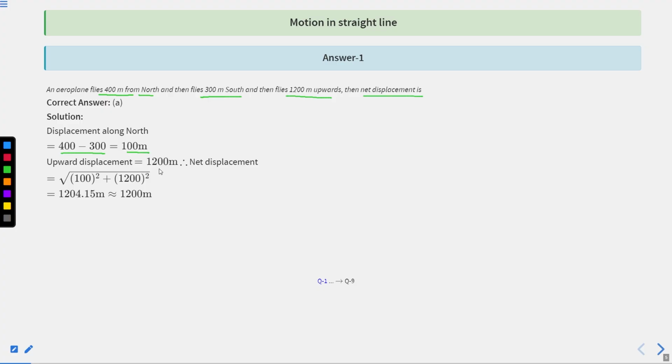Then upward displacement is 1200 meter. And net displacement is under root 100 square plus 1200 square. And after calculation, it is about 1200 meter. Clear? Final minus initial concept is used here. So the correct answer is A.